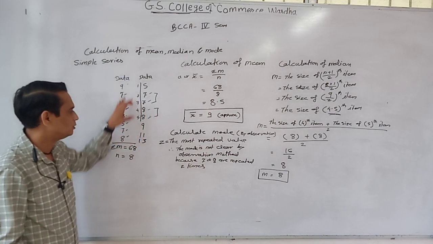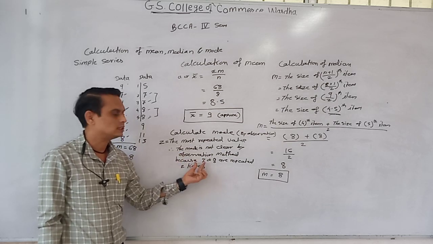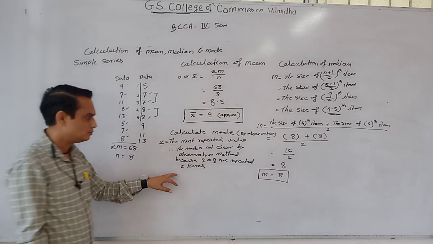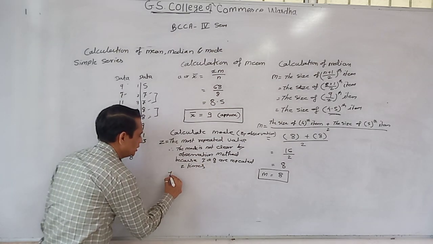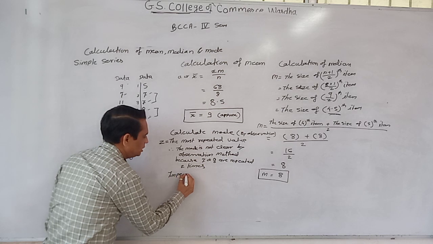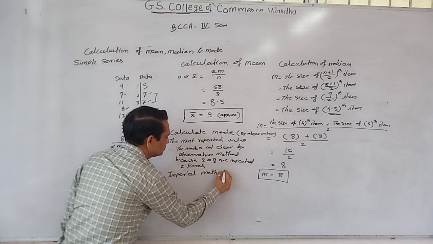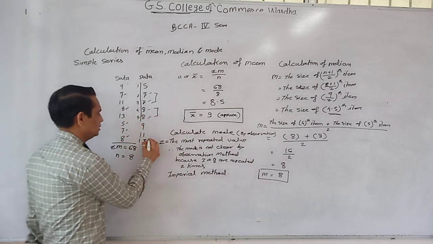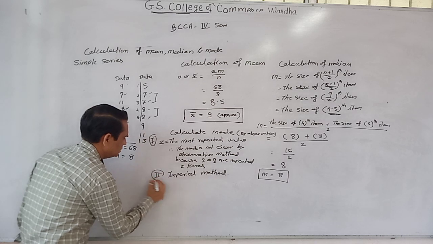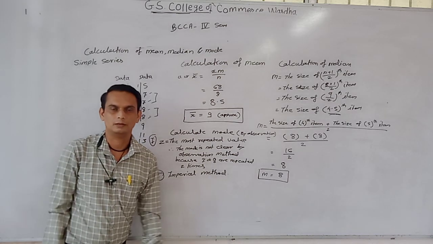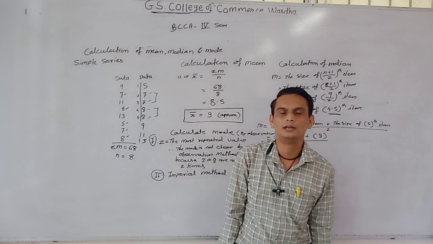Both are common, therefore we cannot define whether the mode is 7 or 8. In this situation we use the empirical method, the universal formula for calculating mean, median and mode.